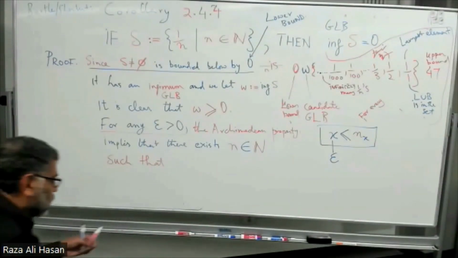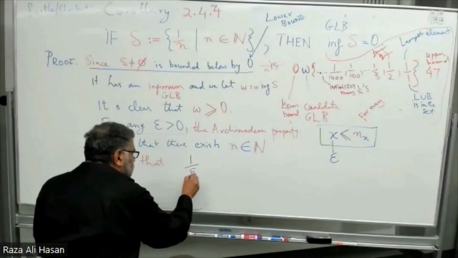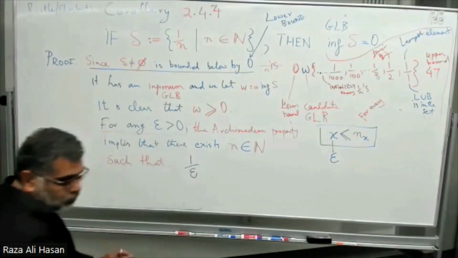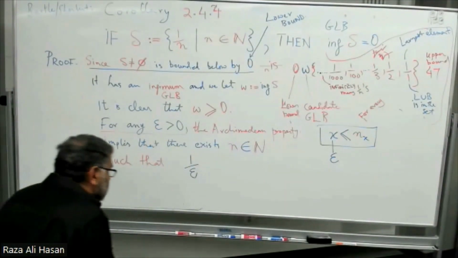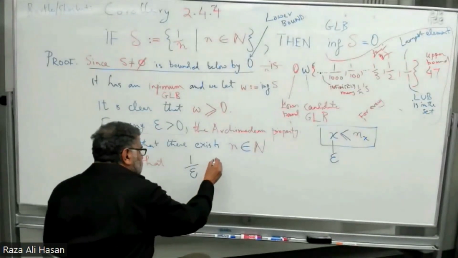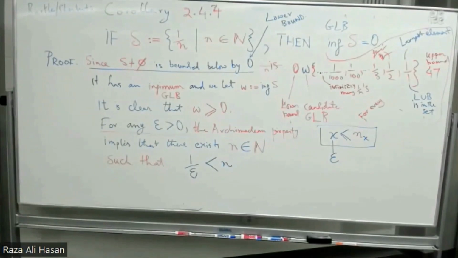They go 1 over epsilon is less than that n. So that's what they pulled.